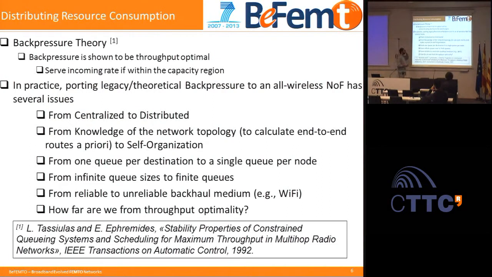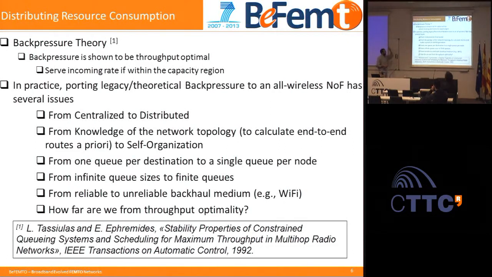We got inspiration from this seminal paper by Tassiulas and Ephremides back in '92. But that's theory. We are quite experimental. We wanted something that was deployable and that worked more or less efficiently in an all-wireless network of femtocells.